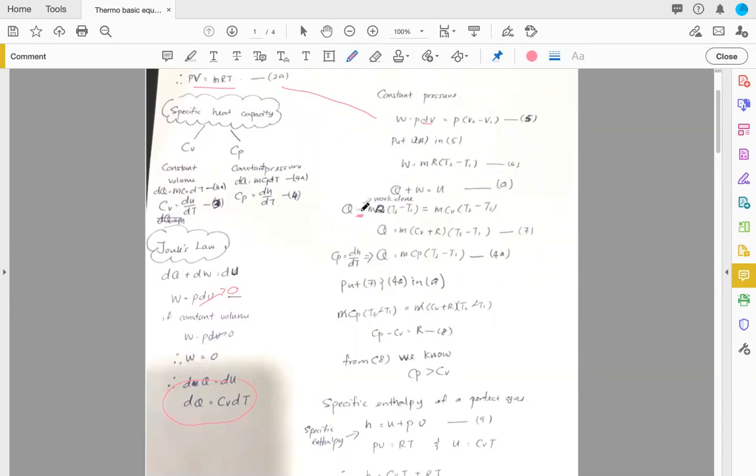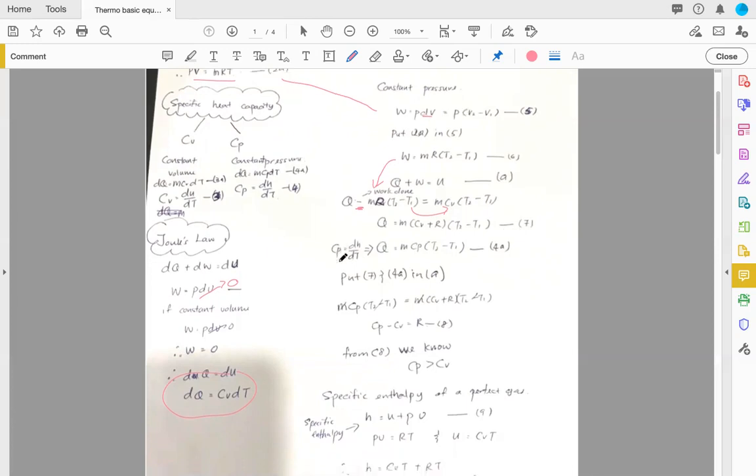So Q minus MR, T2 minus T1, equals, since U is CV delta T, M CV T2 minus T1. Then you can move this to this part and you get equation 7.